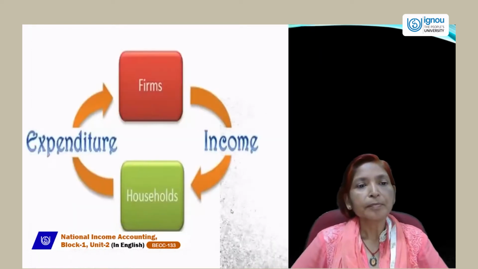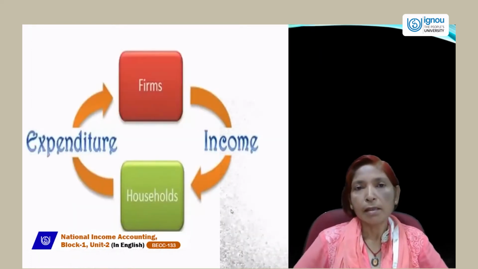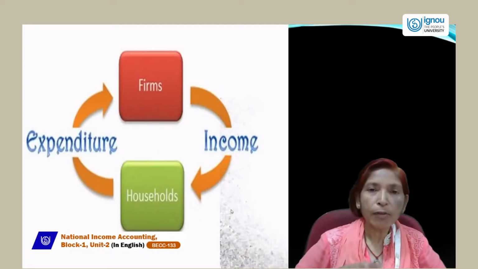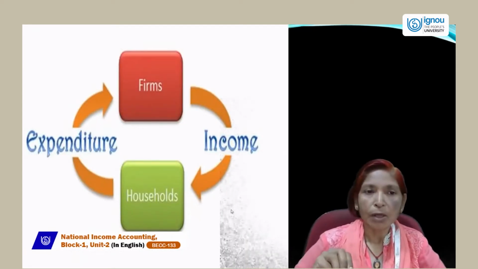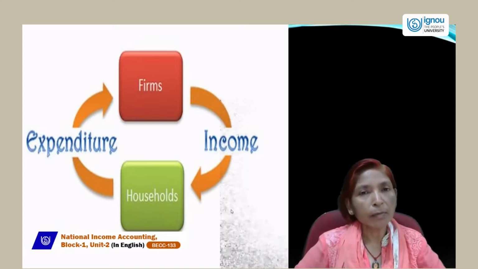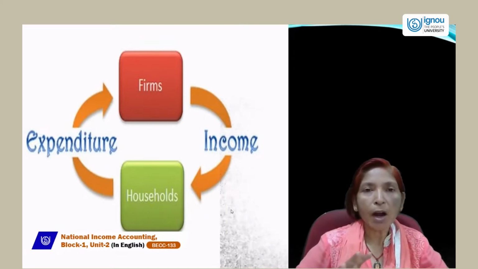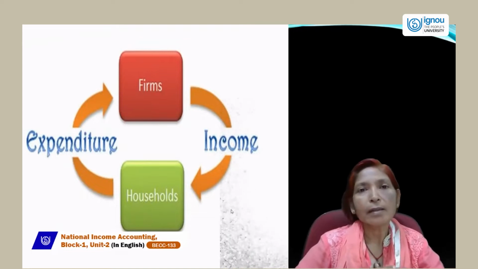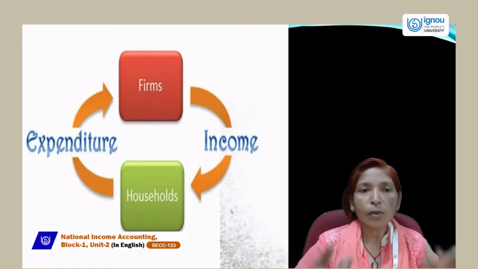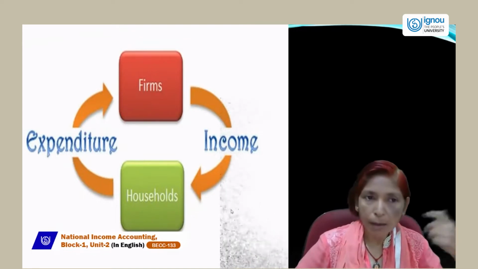And next is the simple flow of income, or circular flow of income. In a very simple way, how can we define the meaning of this circular flow of income?